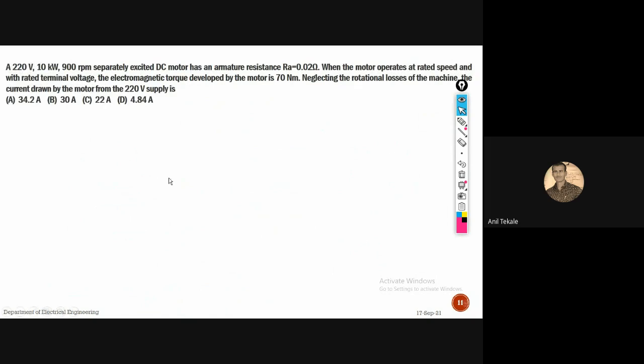Who will read? Who will read the example? A 220 volt, 10 kilowatt, 900 RPM separately excited DC motor has an armature resistance Ra equal to 0.02 ohm.